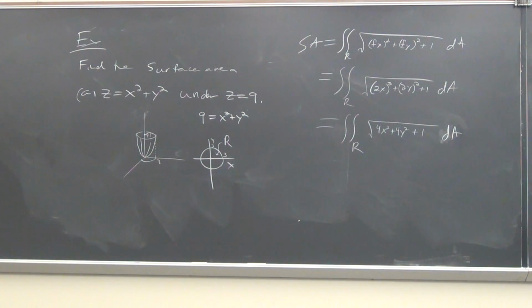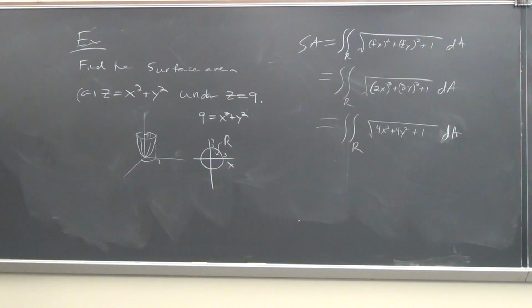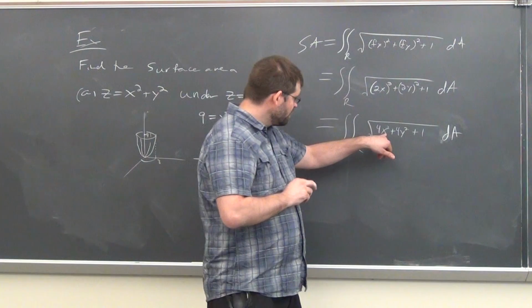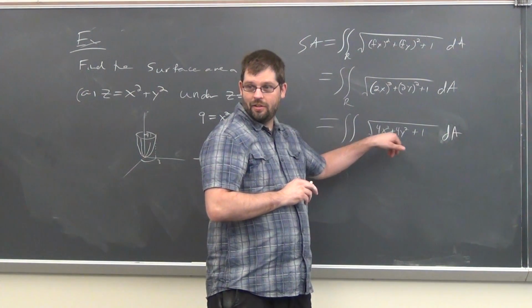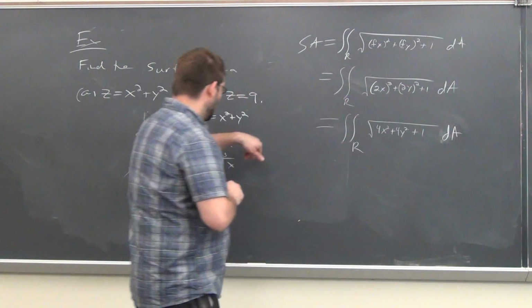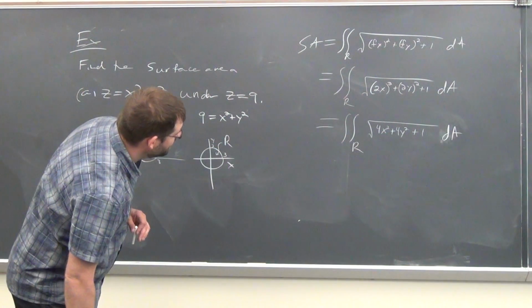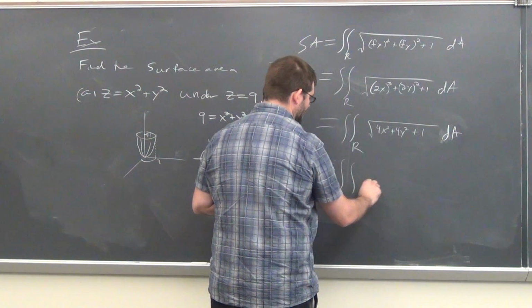All right, so you should have gotten here, hopefully. And then, right at this stage, now you just look at this double integral, and before you set your bounds, you try to decide what's the appropriate method. And again, seeing an x squared plus y squared inside of here, and knowing you're over a circle suggests that by switching to polar coordinates, you might have a good chance to tackle this one.